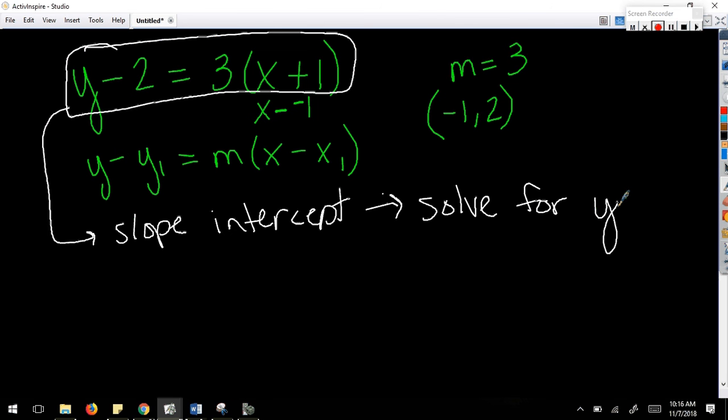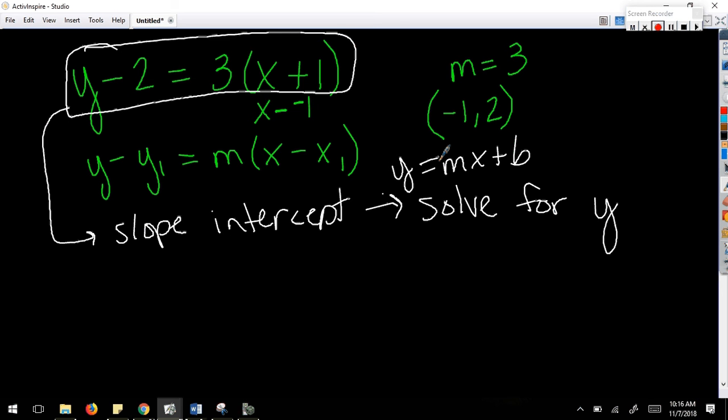Because remember, slope-intercept is mx plus b. So the y is by itself. So look at this equation and tell me how in the world do I solve this for y?